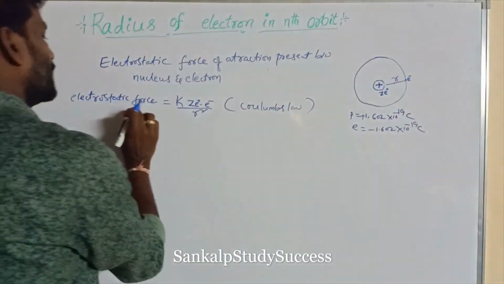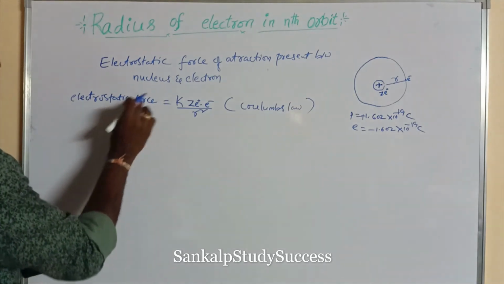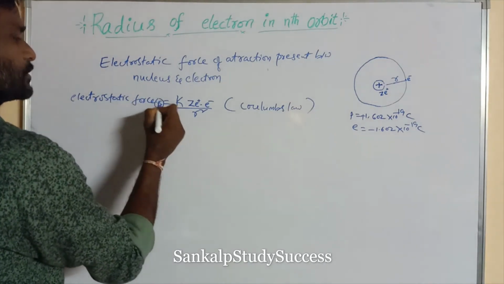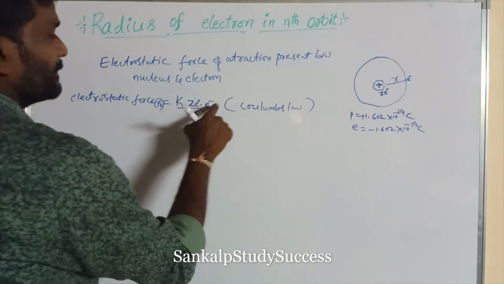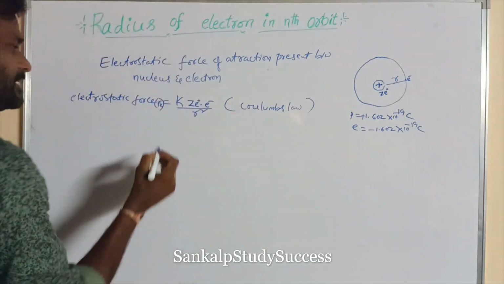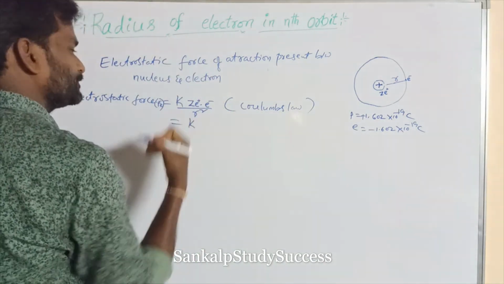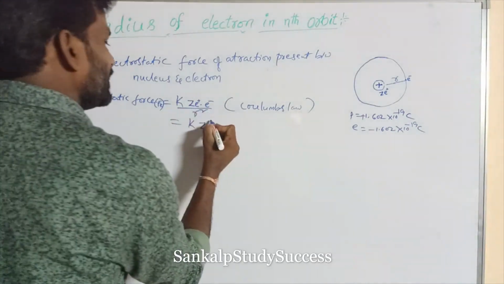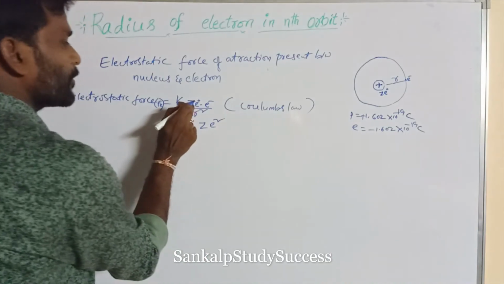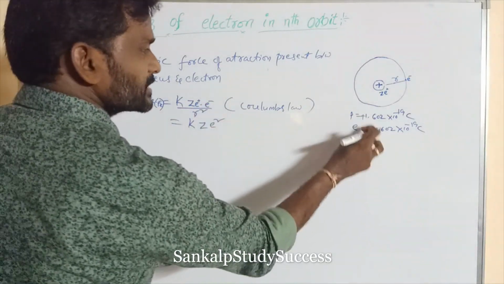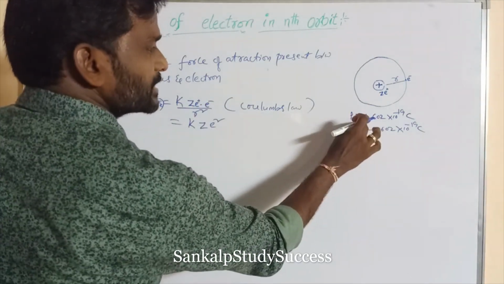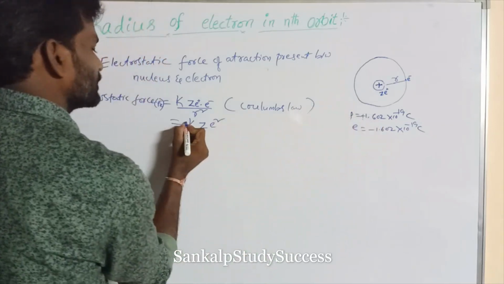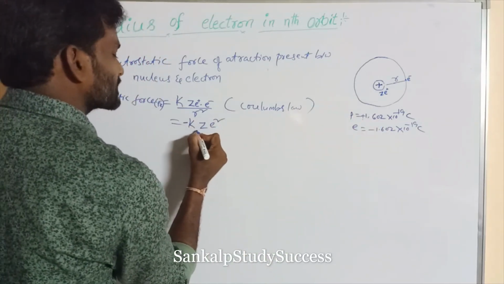So the electrostatic force F is equal to K into Ze plus into e minus by R square. Therefore K into Z into e square, since the charge of the proton is positive and the charge of the electron is negative, plus into minus, by R square.